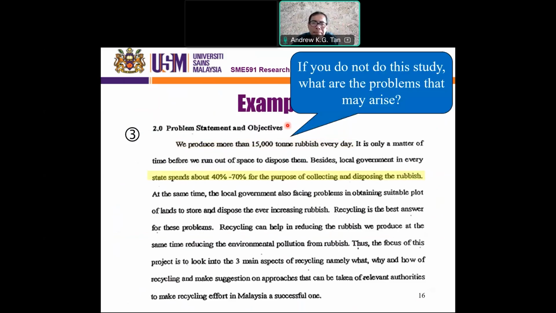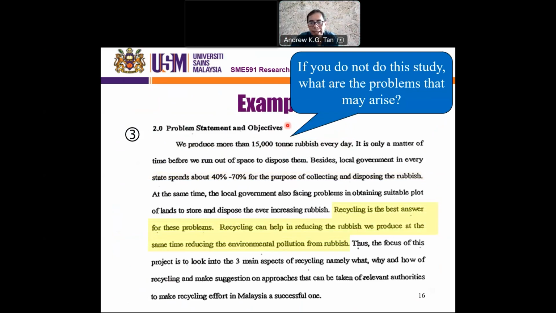Is it a problem? Is it describing a problem that this study is going to solve? These are statistics, should be in the introduction. These statistics, these quotations, these citations should be in the introduction and not in a problem statement.